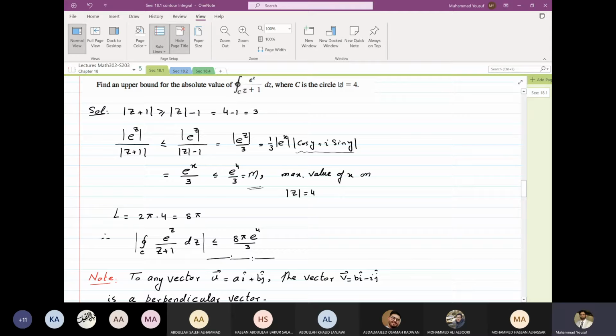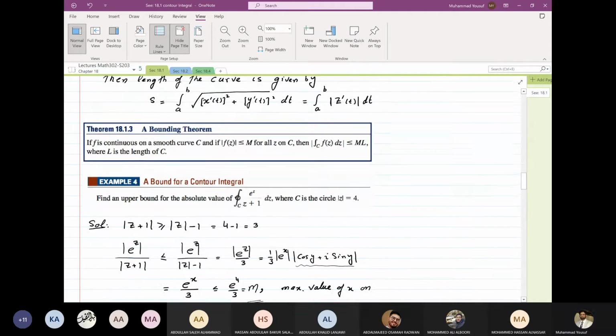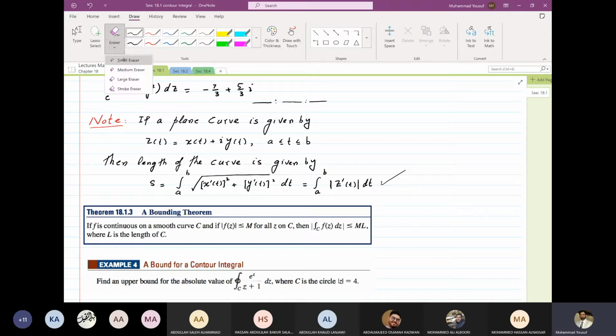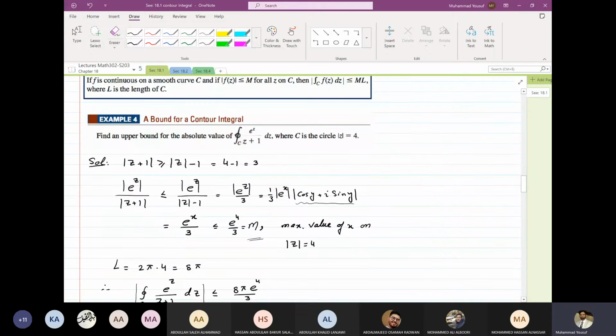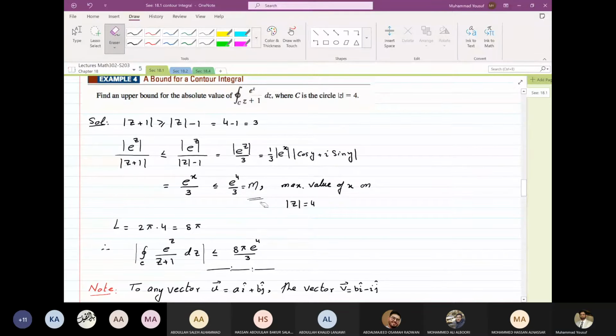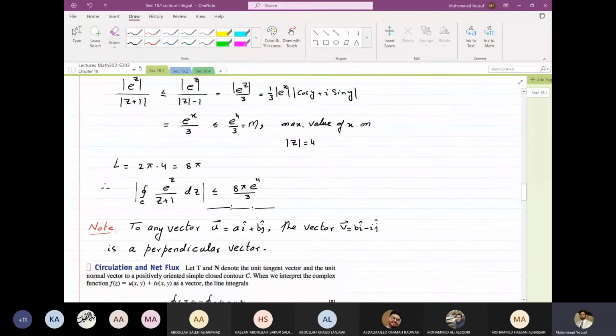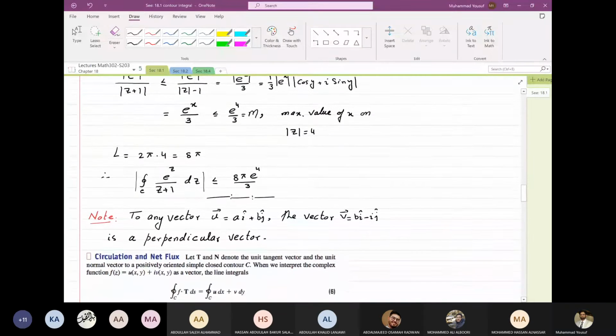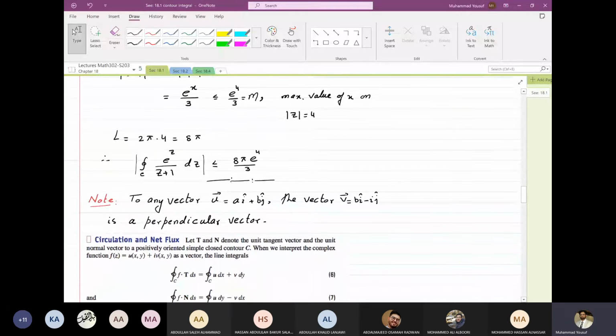Here the length of the curve is very simple, as it is a circle, but if it is not a circle, we can use this integral to find the length of this curve, which is given as capital L. If anyone has any question about finding an upper bound for the absolute value of an integral, you can ask me.